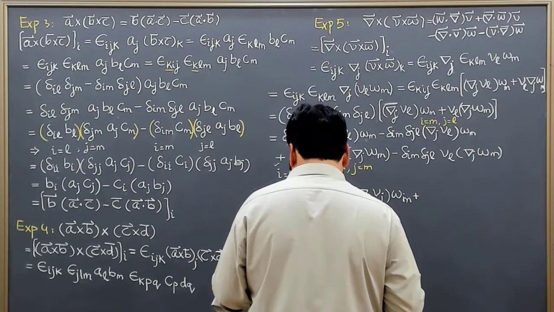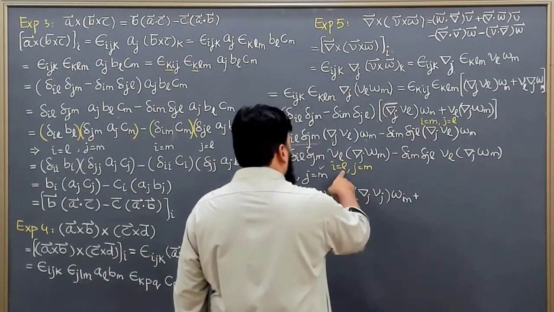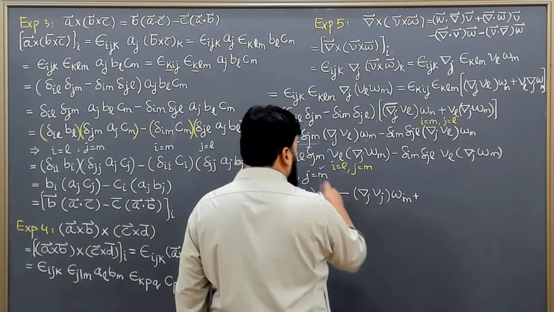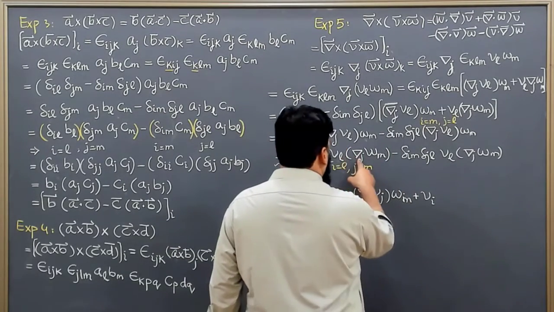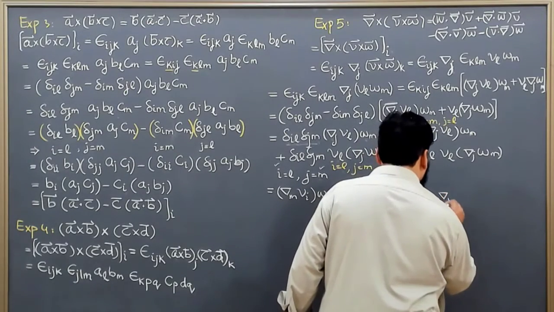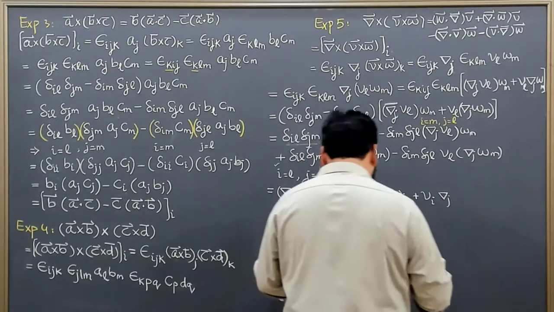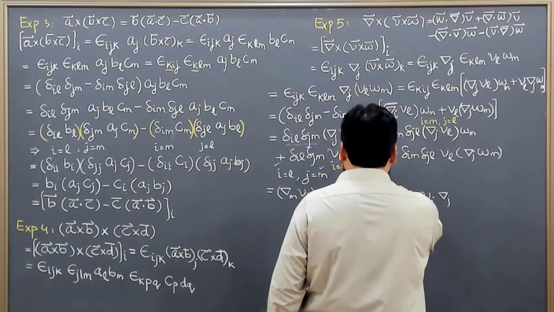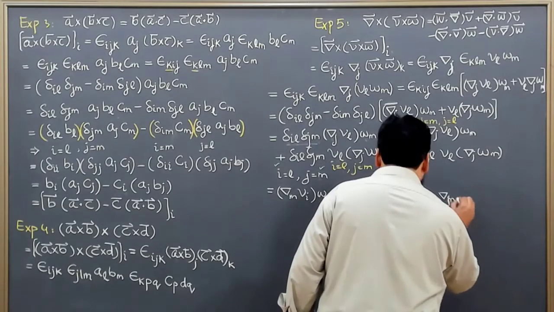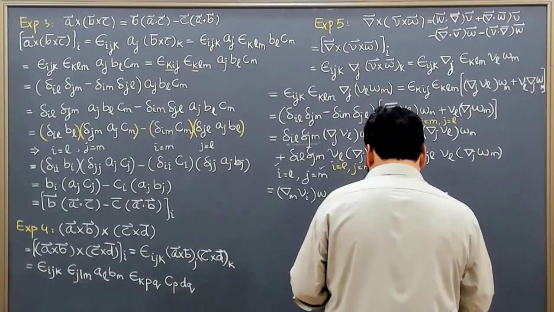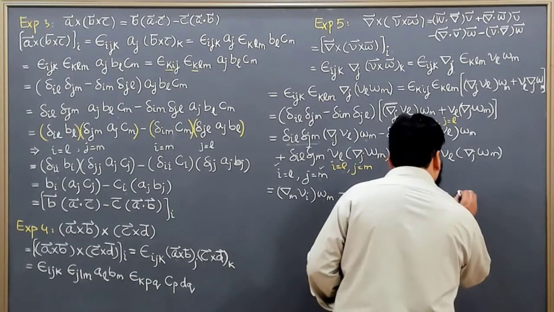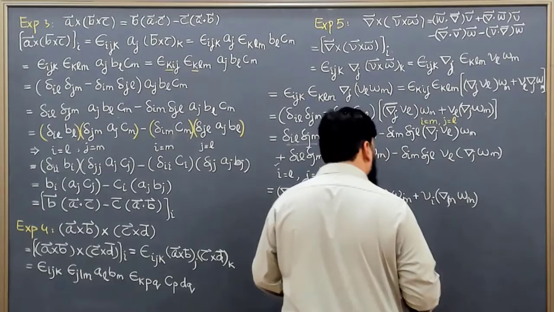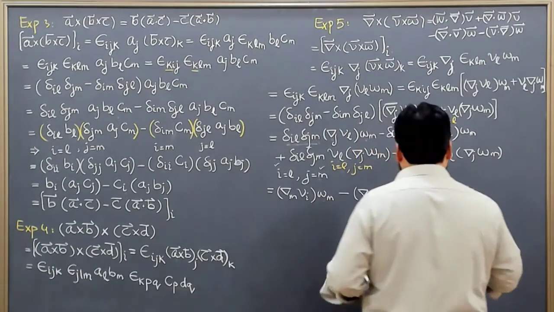So this will be then equal, just keep the same I equals L, and wherever there is L, I will replace it with I. So V_I, and then del_J and W_M. So V_I del_J, and J I will have to replace with M. So this is M, and del_J, and this is in the direction of M. So I have written this one, and then I will write the last term.